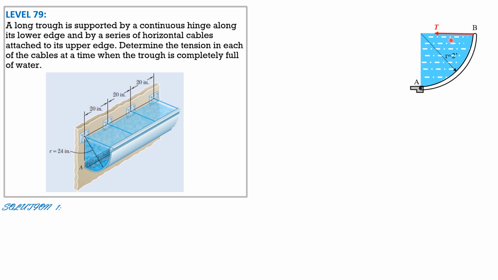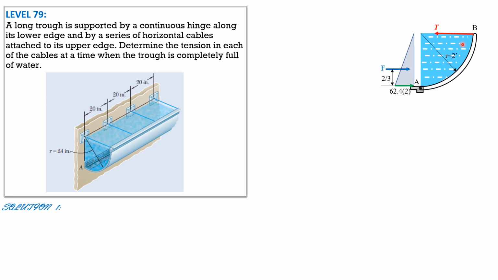Let's call the tension T. We are asked to solve for T. That's the pressure diagram, and the pressure at the bottom is 62.4, specific weight of water, times 2 feet as shown. So F is equal to the volume of this pressure diagram, and it is acting 1/3 of 2 feet from the bottom A, so that's 2/3.